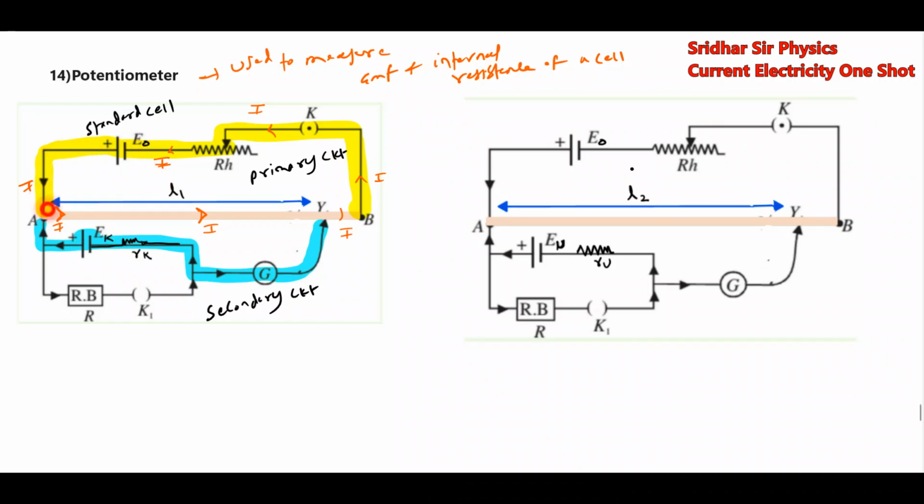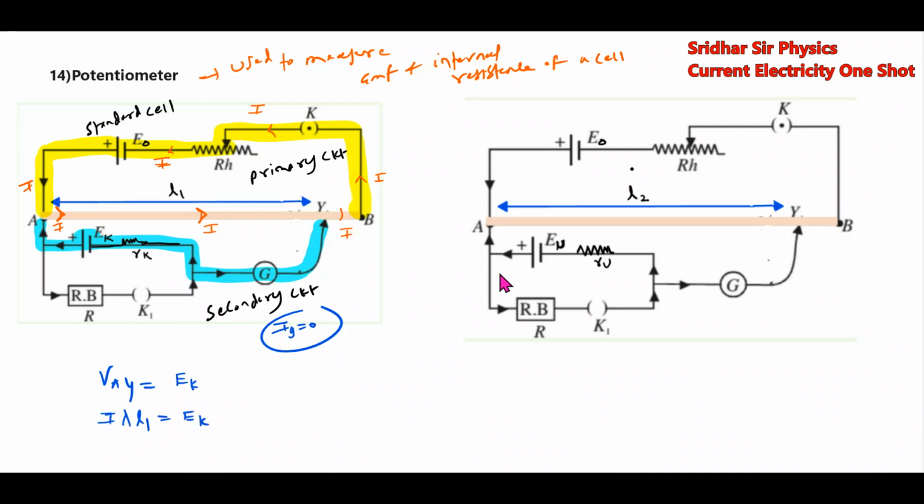The current will come here, will flow like this, and the current through the galvanometer will be 0 when the bridge is balanced. Then the drop VAY should be equal to EK because there is no current through the galvanometer. What is VAY?